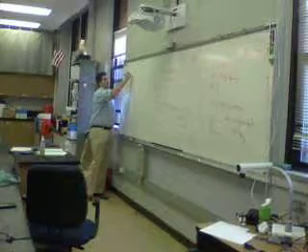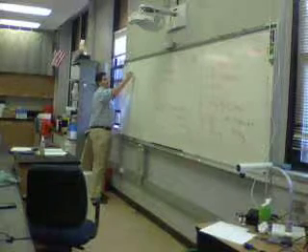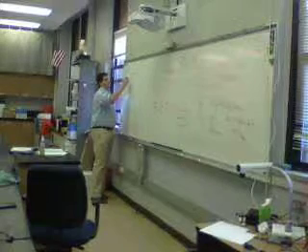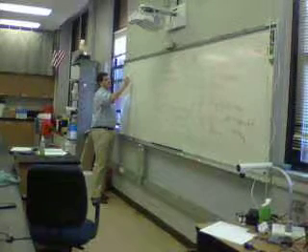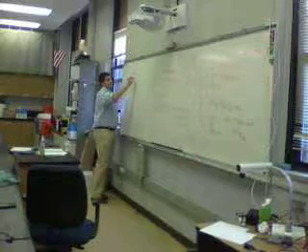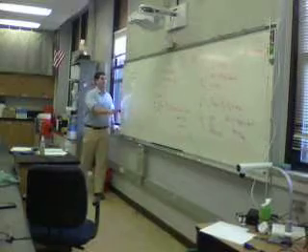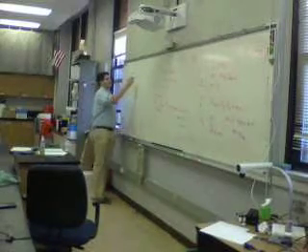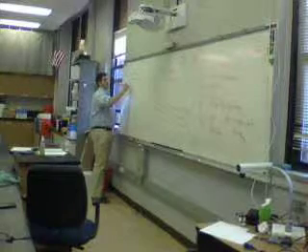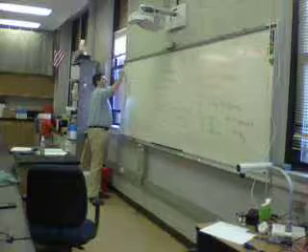Let's say mass is 50 kilograms. We'll say acceleration is 1.5 meters per second squared. Is that upward? We're going to say that's going to be up. I want to know what is the normal force that he feels. That's going to be number 1.